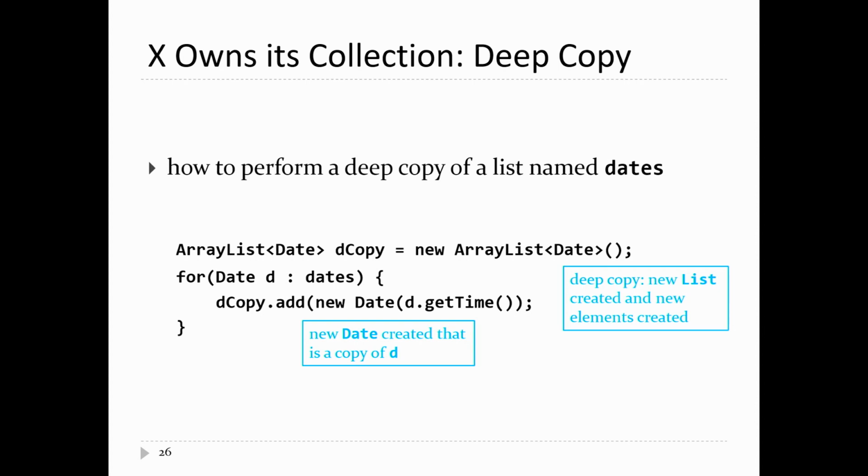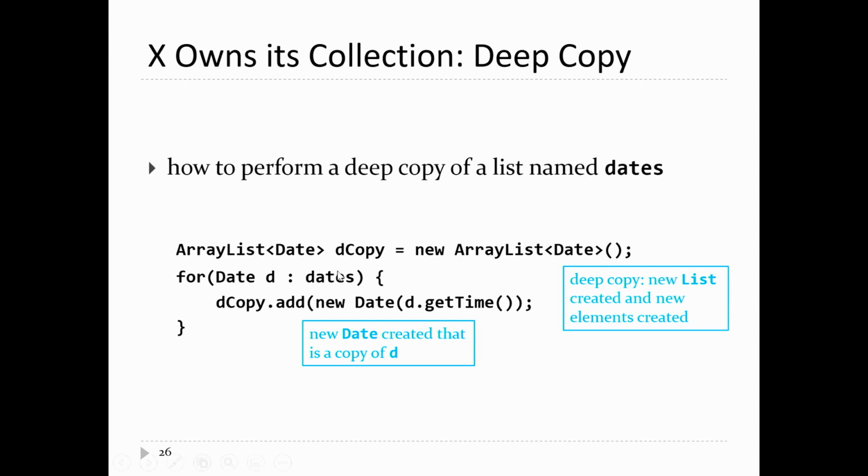If you actually want to copy the elements in the list, then you have to use a loop. To make a deep copy of an existing list called dates, I make a new list, this time an empty list. I loop over the list that I want to copy.